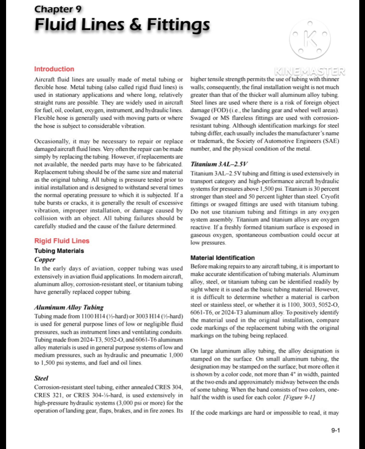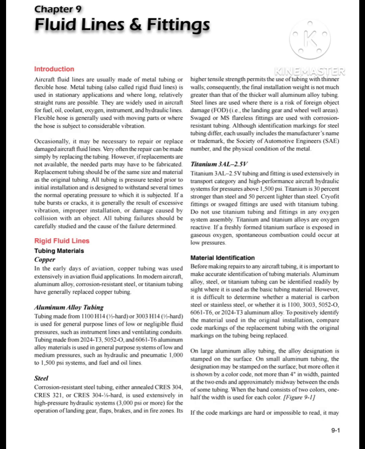Aluminum alloy, steel or titanium tubing can be identified readily by sight where it is used as a basic tubing material. However, it is difficult to determine whether a material is carbon steel or stainless steel, or whether it is 1100, 3003, 5052 O, 6061 T6 or 2024 T3 aluminum alloy.